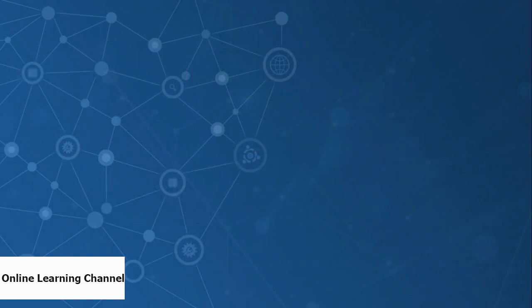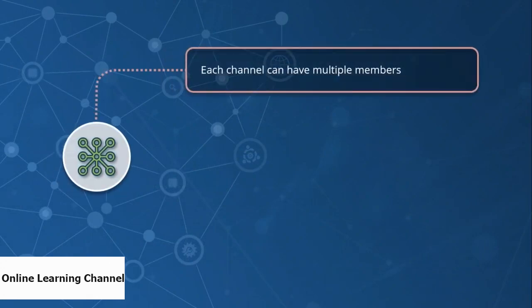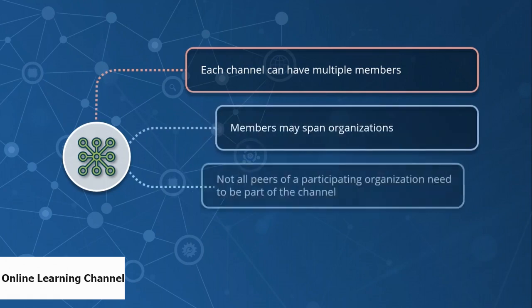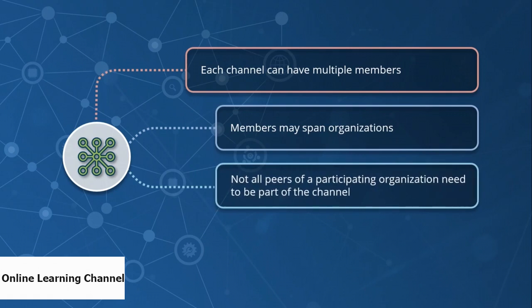Moving along now to the peers of a channel. So each channel, as we have seen, can have multiple members. That is, it can be connected to multiple peers. All of these peers need not be part of the same organization and, as in our example, can in fact span multiple organizations. Another factor is that not all of the peers in the same organization need to belong to a channel.